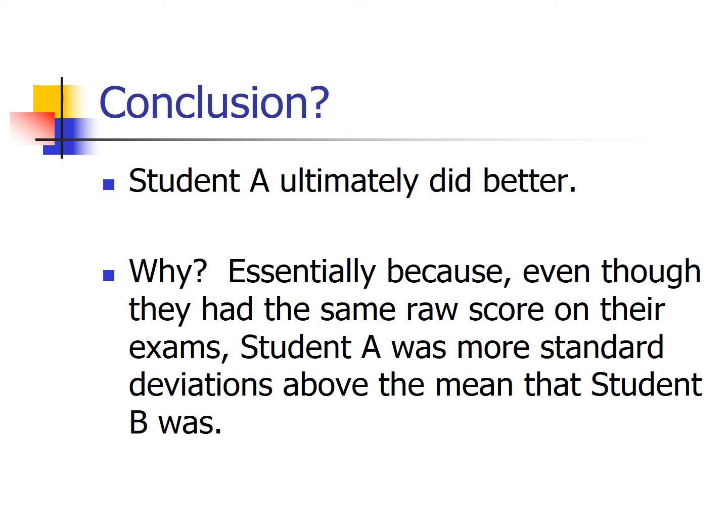Student A was 2 standard deviations above the mean, whereas student B was 1 standard deviation above the mean. And so in that sense, in terms of standard deviations, student A had the higher score.